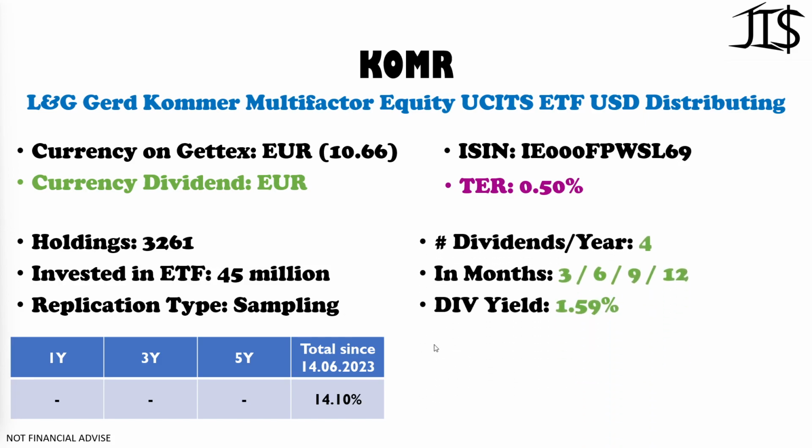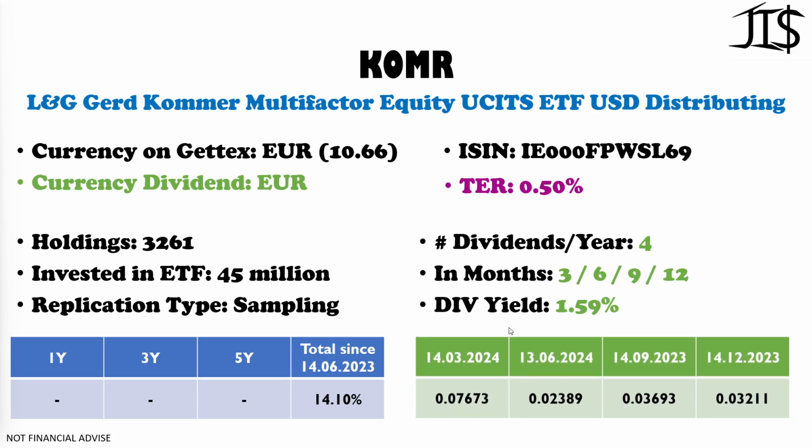Also 4 dividends per year, so quarterly, the same months as the previous one, and a dividend yield of almost 1.60%. So they are all comparable there, between 150 and 180. And here you can see the distribution.